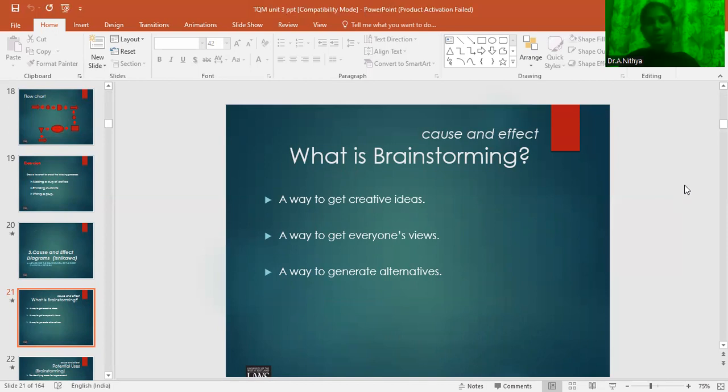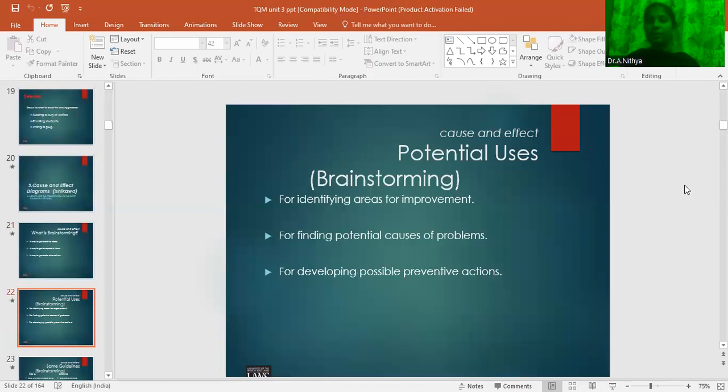Brainstorming is conducted to get creative ideas, to get everyone's view, to generate alternatives, to identify areas for improvement and potential causes of a problem, and to develop possible preventive actions.